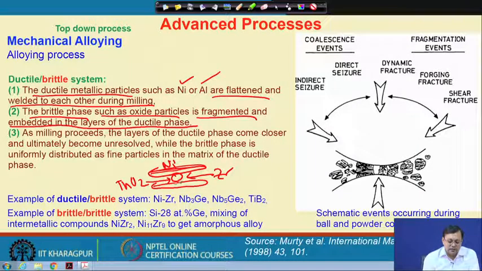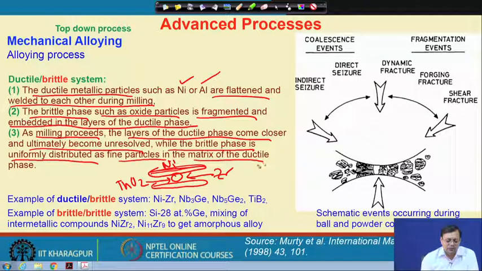So, they basically sit sandwiched between two nickel layers, and as the milling proceeds, the layers of the ductile phase become coarsened and ultimately unresolved, while the brittle phase is uniformly distributed in the fine particles of the matrix of this ductile phase. Examples of such ductile-brittle systems are nickel zirconium, or niobium germanium and titanium diboride systems. However, we may also have a brittle-brittle system, meaning both of them are very brittle.